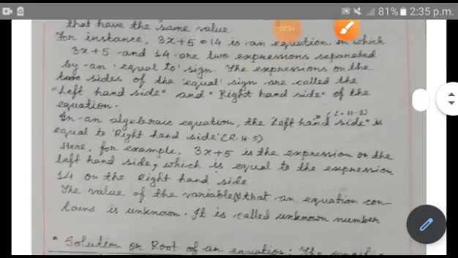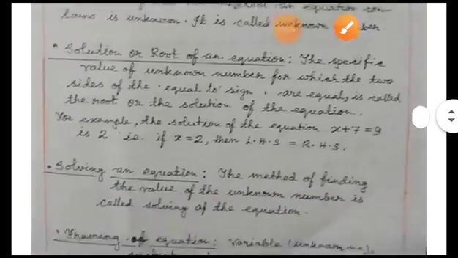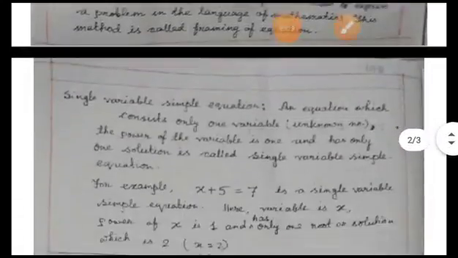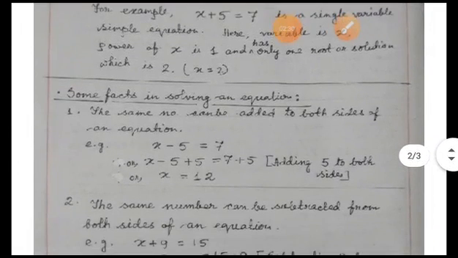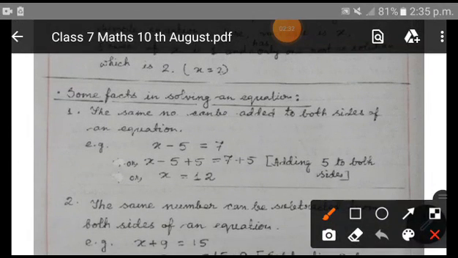Now we are going to study how to solve an equation. First, we will learn about two methods. The first method: see here it is given x - 5 = 7.